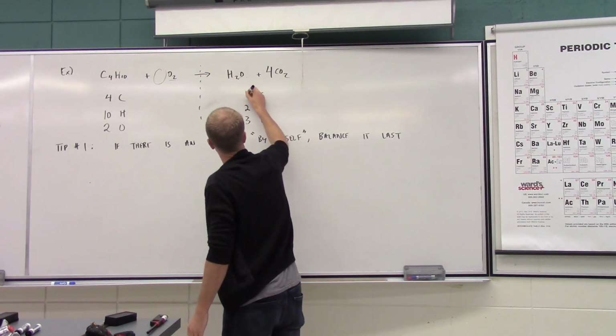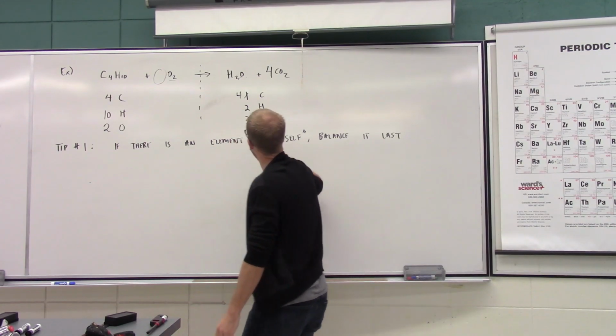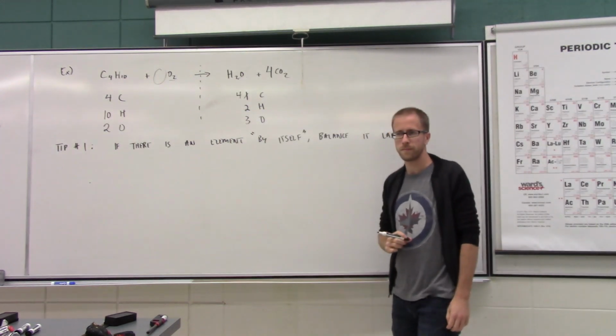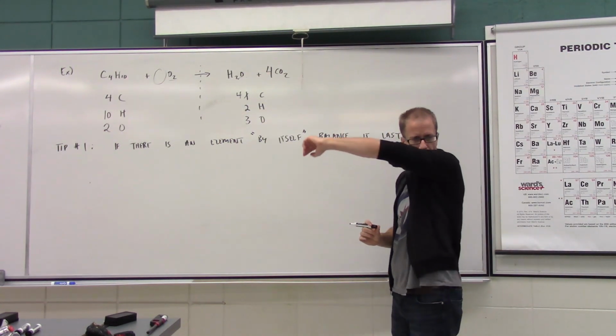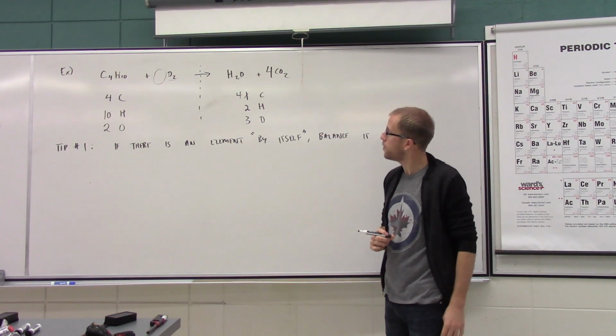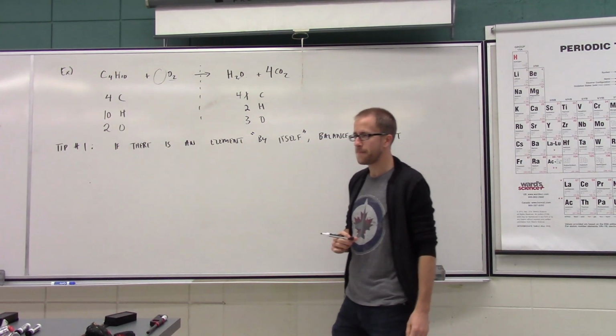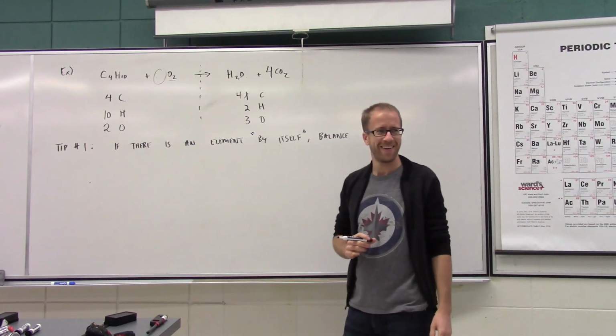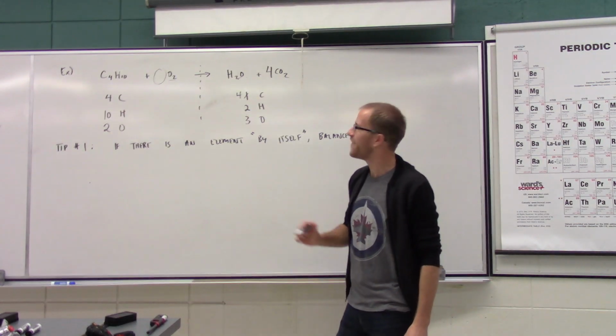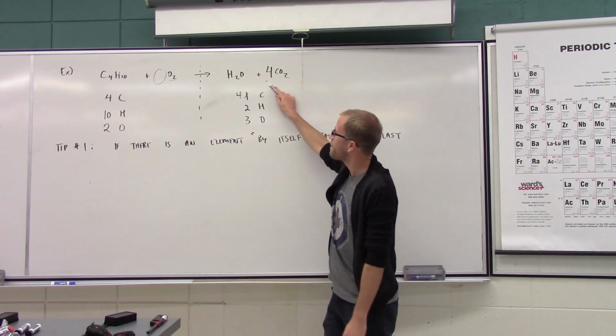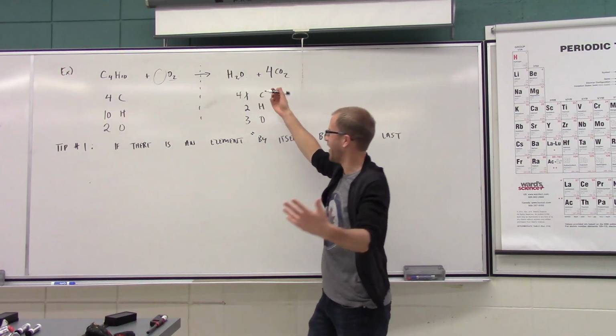So we have now 4 carbons and how many oxygens? We definitely don't have 2. We don't have 8. We don't have 7. We have 4 times 2 is 8 plus 1 is 9.